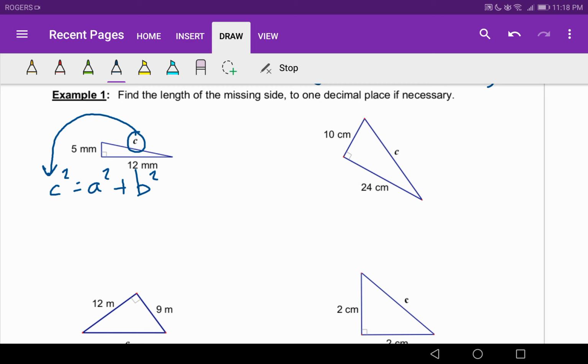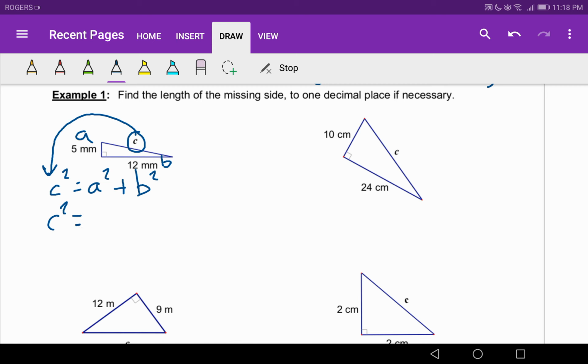Well, let's call this 5 A, and let's call my 12 B. Now, remember what I said earlier. Does it matter which numbers you assign to A and B? No, they're interchangeable. As long as C is the longest side, the other two sides are interchangeable. So it doesn't really matter. And you'll see in the formula why they're interchangeable. I'll explain in a second.